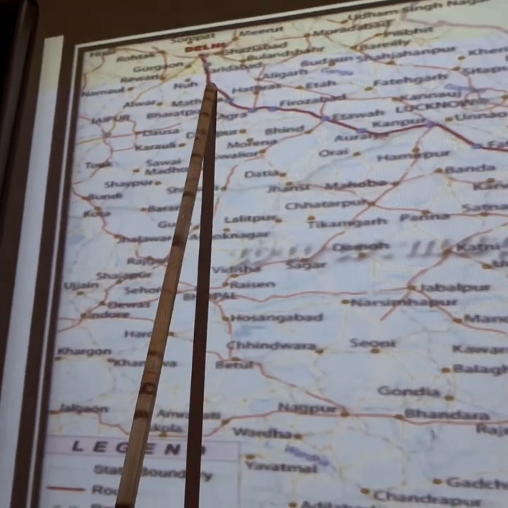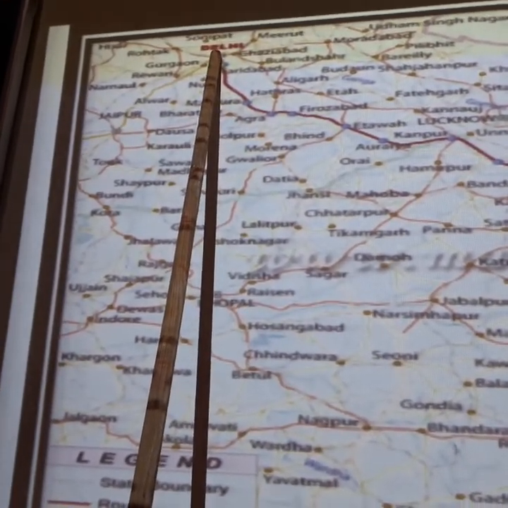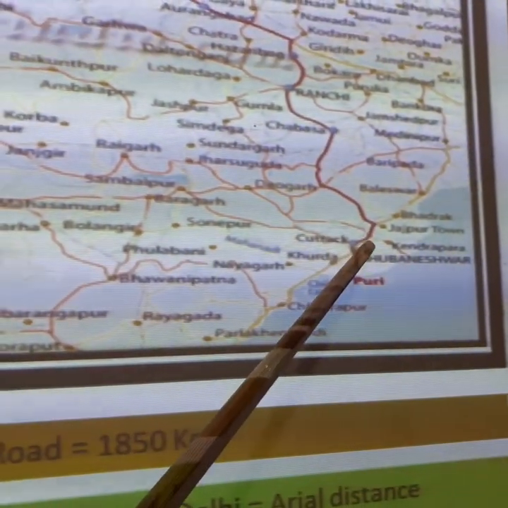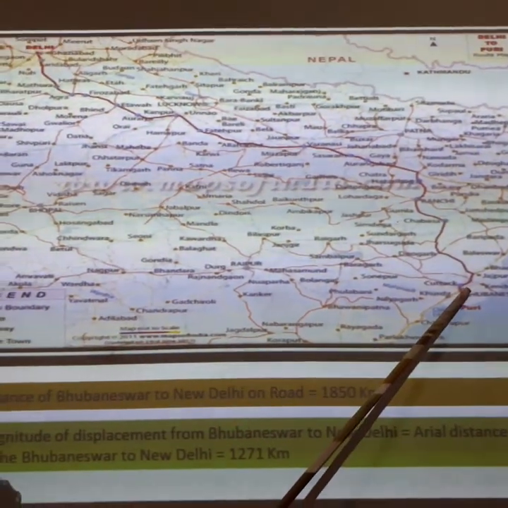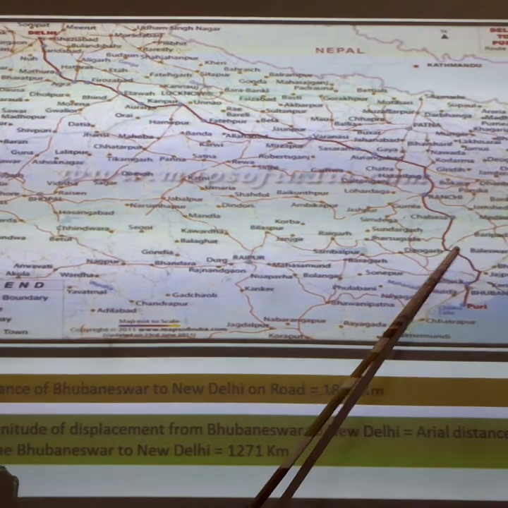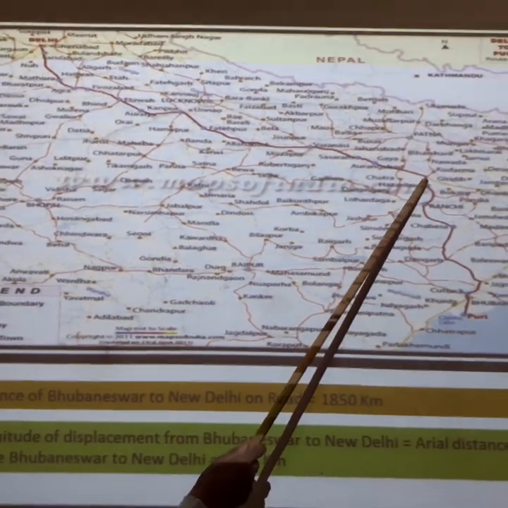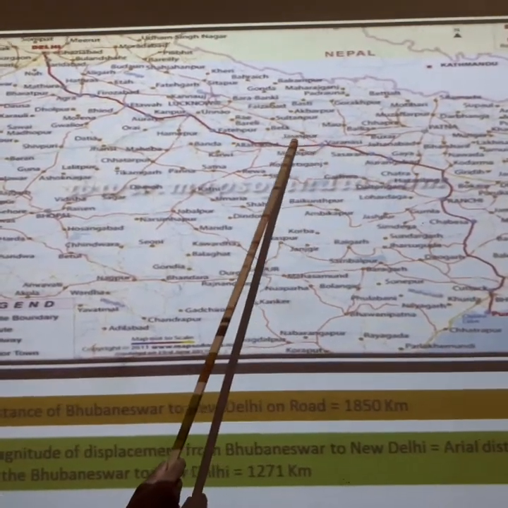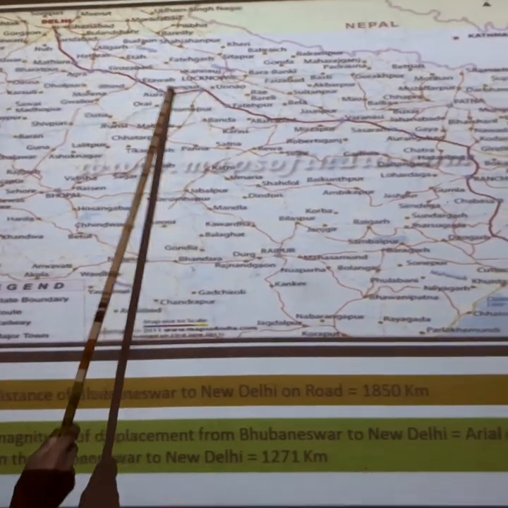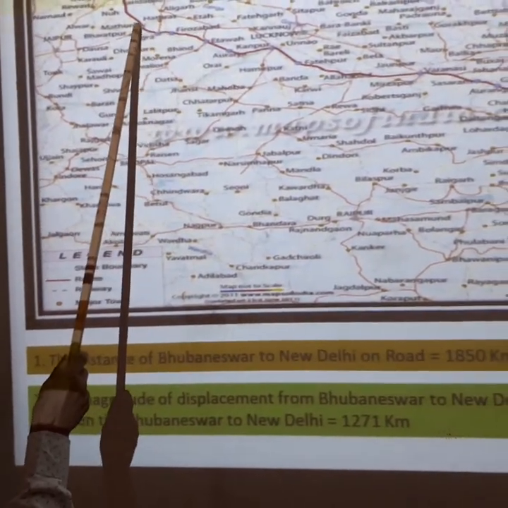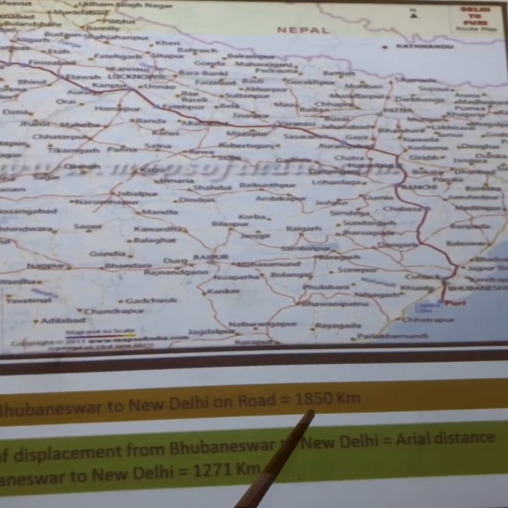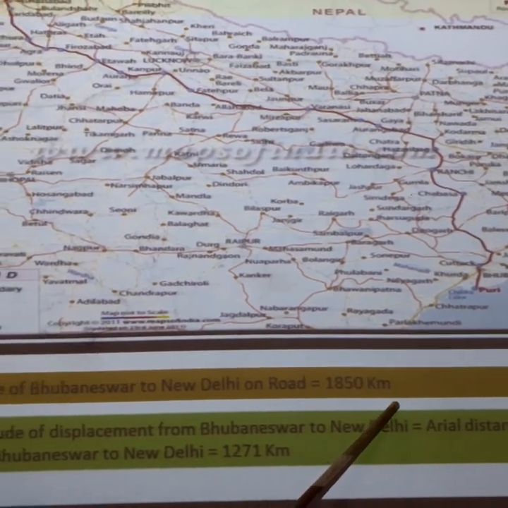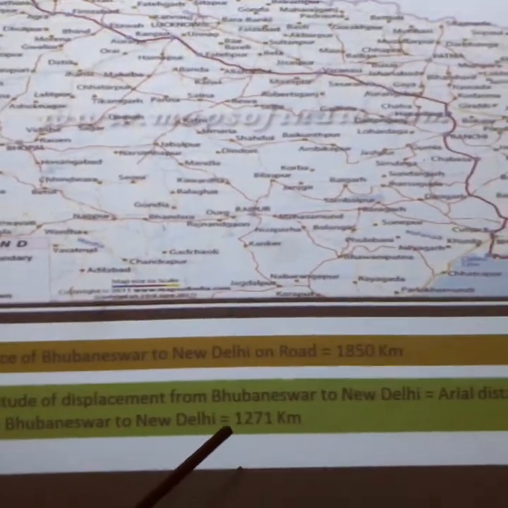This is the road from Bhubaneswar to New Delhi, represented by this dark line. Now, if we measure the length of this path from the different cities individually, it is given to us as 1850 kilometer, that is read by the odometer of the car.